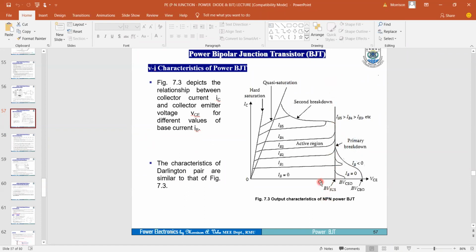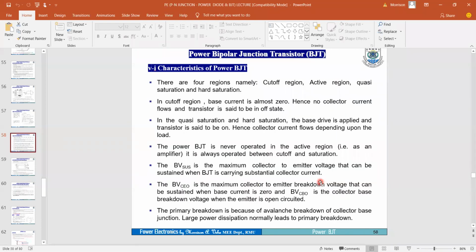So that is basically to have an idea of the collector to emitter voltage that we can handle or sustain when a certain amount of collector current is flowing.